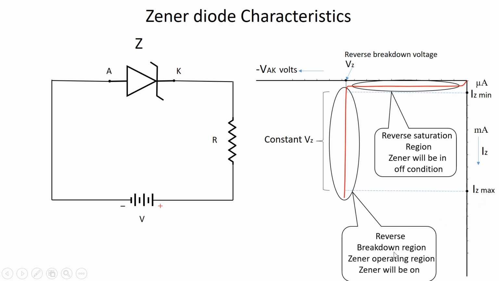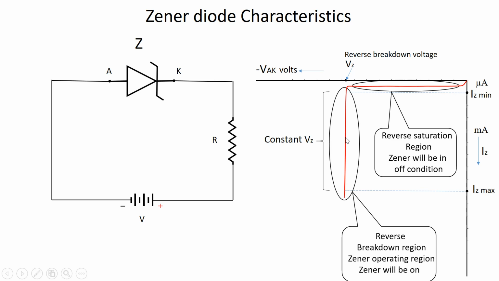This reverse breakdown region is the active operating region of the Zener diode, and the Zener is said to be in action and it will be in the on condition in this region only.